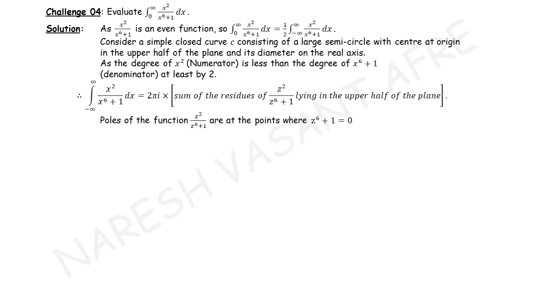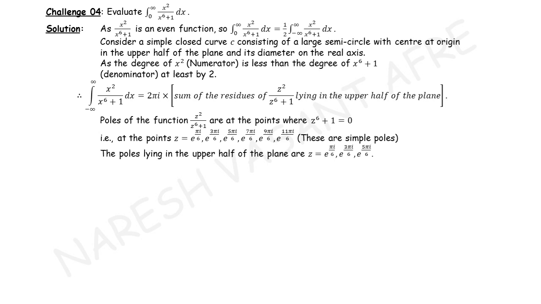Now the poles of the function z square divided by z raised to 6 plus 1 are at the points where the denominator z raised to 6 plus 1 becomes 0. There are 6 such points and all are simple poles. The poles lying in the upper half of the plane are z equal to e raised to pi i by 6, e raised to 3 pi i by 6 and e raised to 5 pi i by 6.